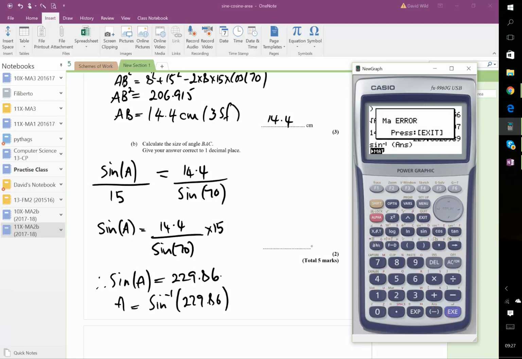And press execute. Oh, error. What's happened here? Let's try again. Inverse sine of 229.86.